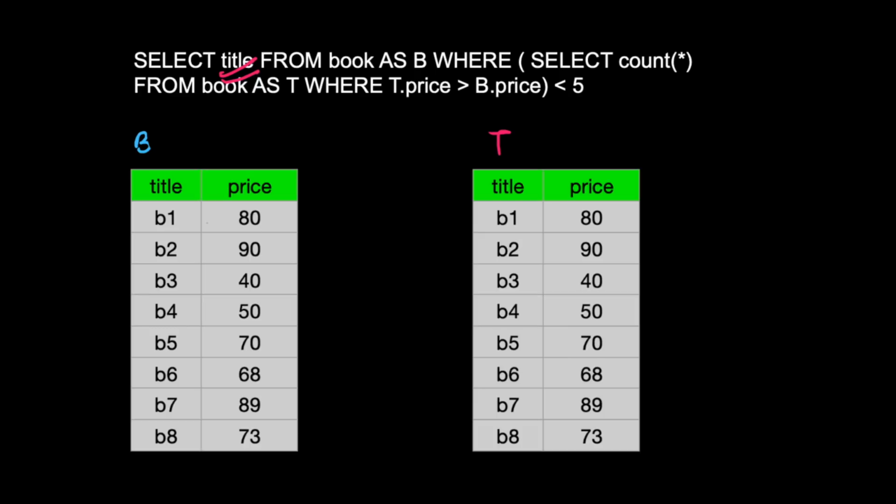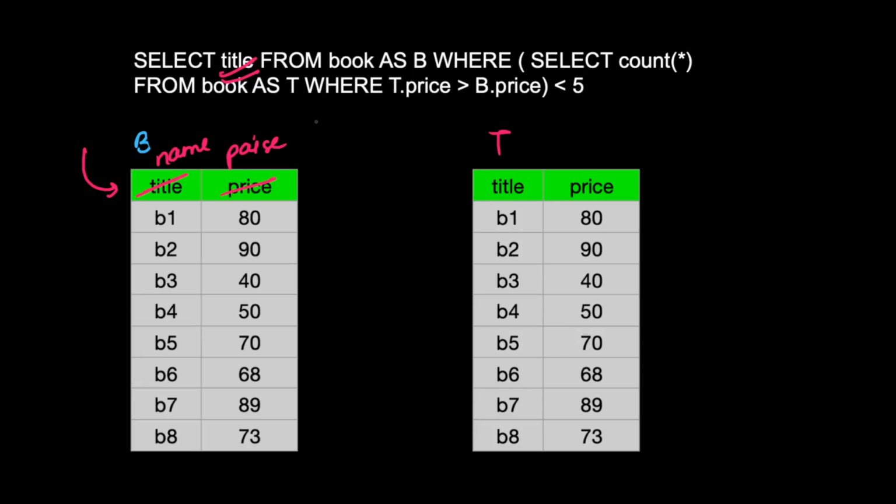Let's suppose this table is representing the data of your class. So this is the name of you and this is the amount of money that you have in your pocket. So this is telling you the name and the paisa that you have in your pocket.